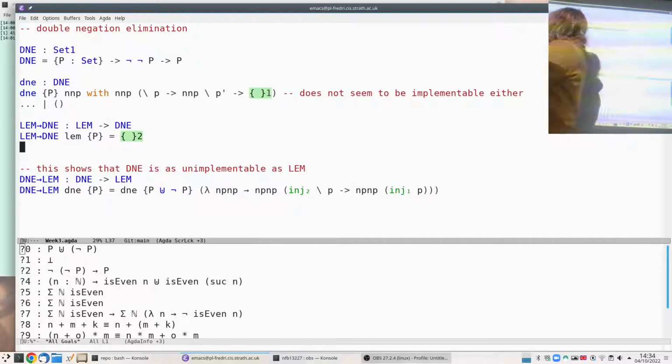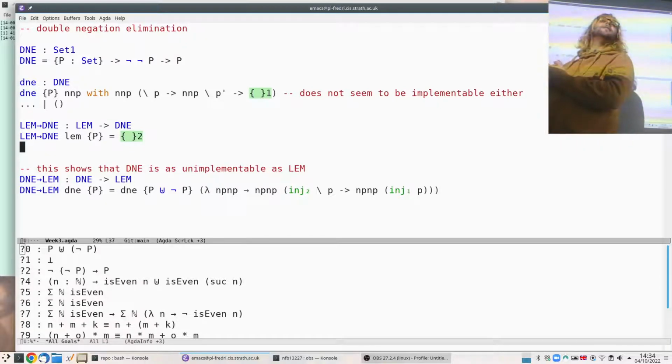So this says that if you assume this principle that you can delete double negation, then you can also decide for any property whether P or not P is true. Yeah, so if you assume LEM first, then you get double negation elimination. Assume that you can delete negations, then that says that you can actually decide if P or not P is true. Yes, sorry. You can also do the other one, yeah.